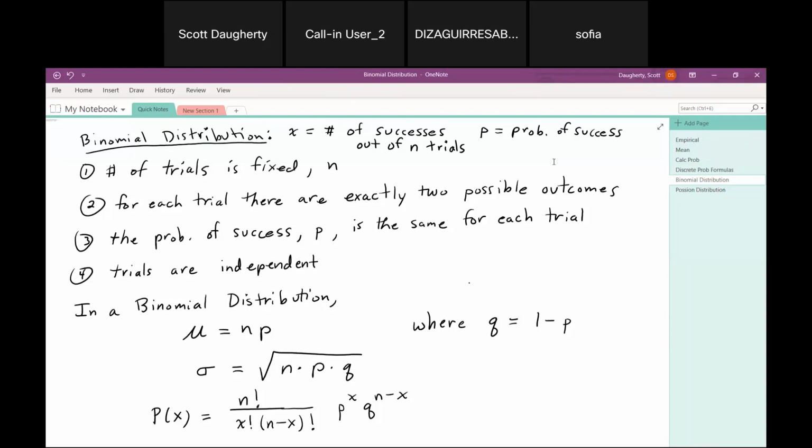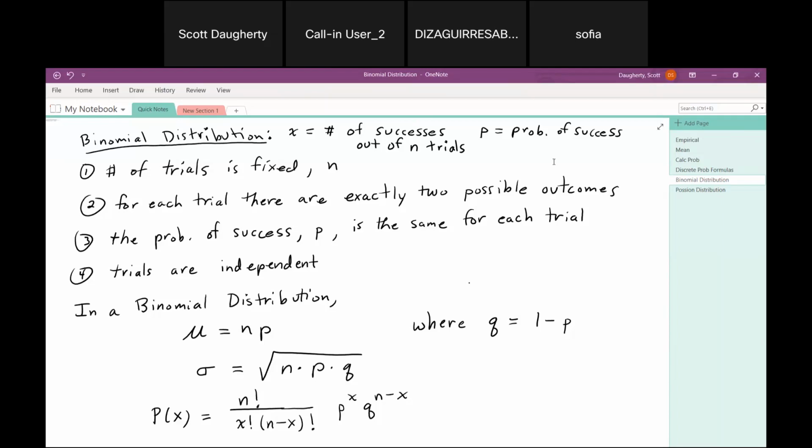If we can identify them as being binomial or Poisson, then we know how to tackle the problem at hand because we'll be able to find the probability of certain things happening. We'll be able to find the mean and the standard deviation of the distribution and whatnot. So it's important to be able to identify the kind of distribution you're working with first.